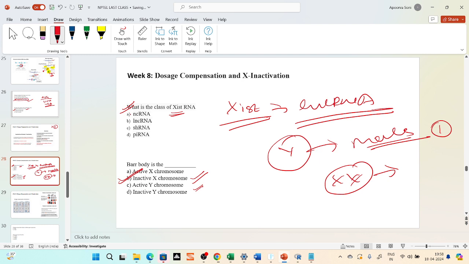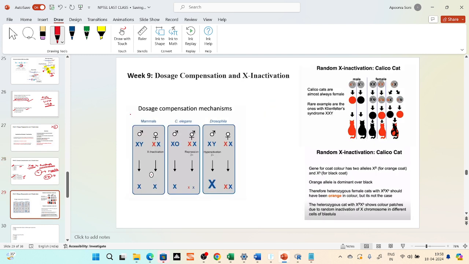Then there are different mechanisms of dosage compensation in different species. In mammals, you have X chromosome inactivation. One of the X is inactivated. In C. elegans, both the X are repressed. In Drosophila, the X is hyper expressed so that it compensates for the two.